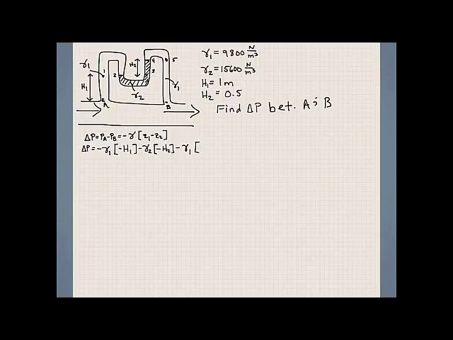So we start off at a location that is higher than our point 2. So inside the parentheses, we'll designate it as positive. And that height between point 4 and point B is h1 plus h2, and that value is positive.